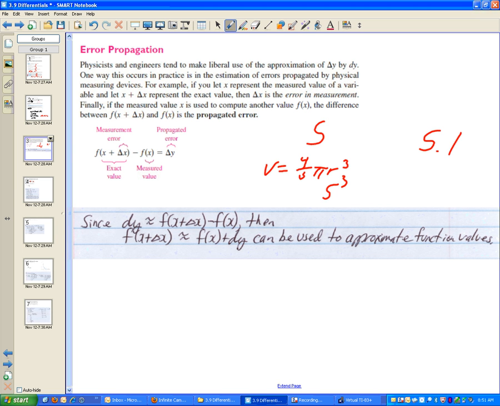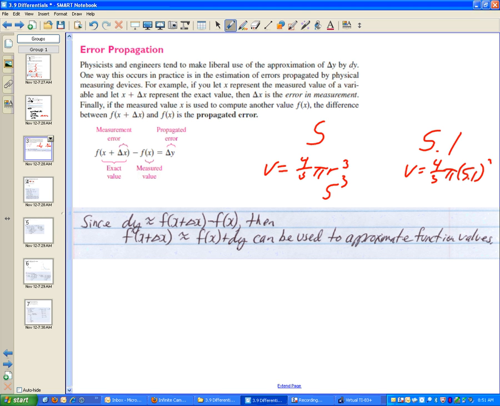But if we'd known that it was really 5.1, we would have done it like that. Aren't the results going to be off a little bit? Okay, so that's actually the propagated error. Once you've taken your measurement and used it to do something. Now, if I then used that volume to do something else with it, don't I compound the error again? Okay, so we got to be careful with that.